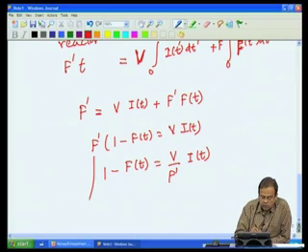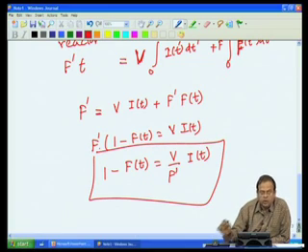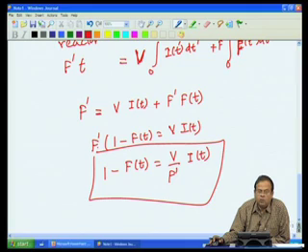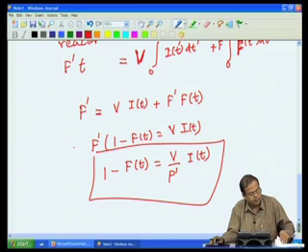So, that is the relationship between my different residence time. And what is f of t? F of t I know is integral 0 to t e of t prime dt prime.